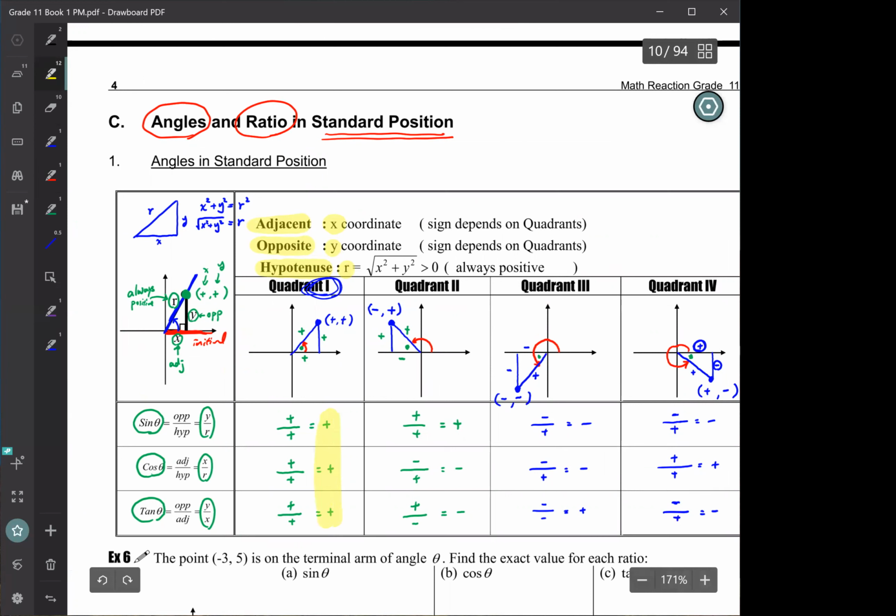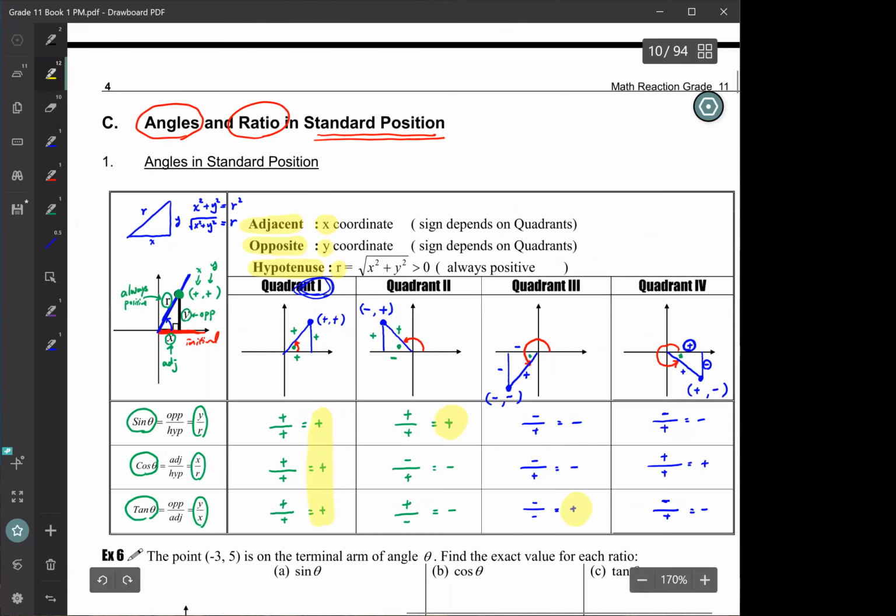Second quadrant, only sine is positive, the yellow highlighted. Quadrant 3, only tangent, everyone else is negative. Quadrant 4, only cosine. Make sure you highlight those.